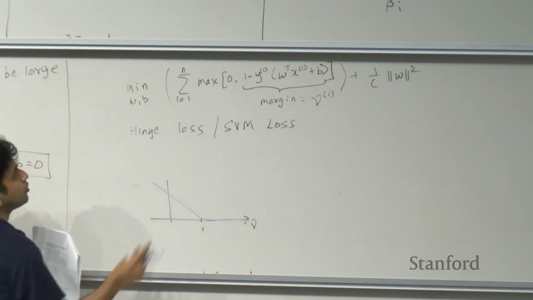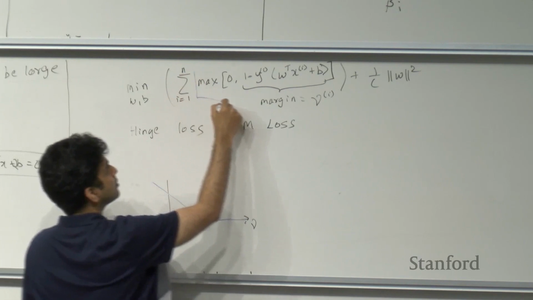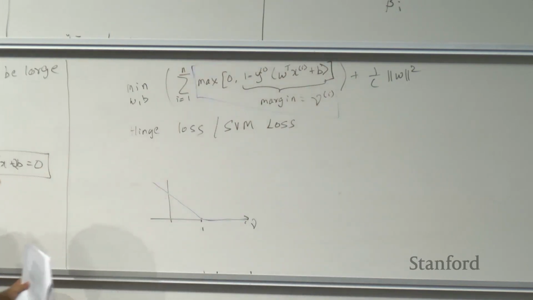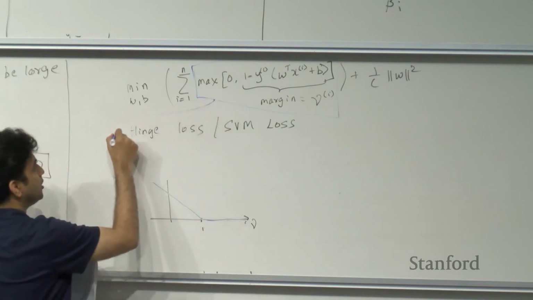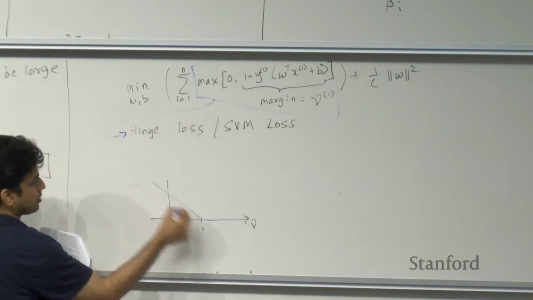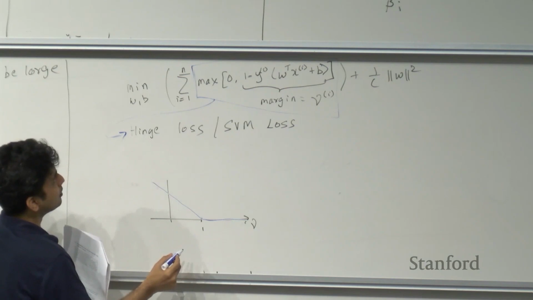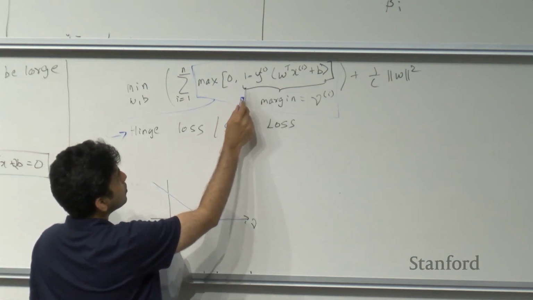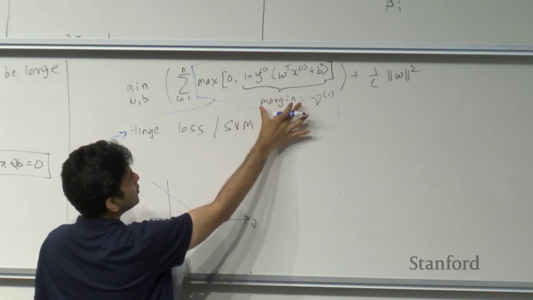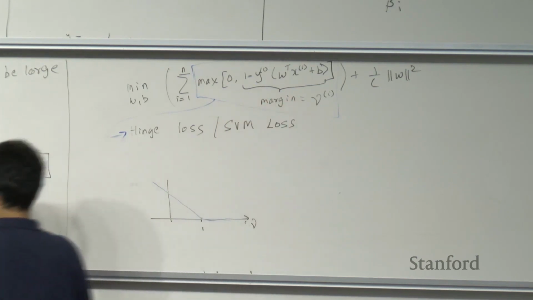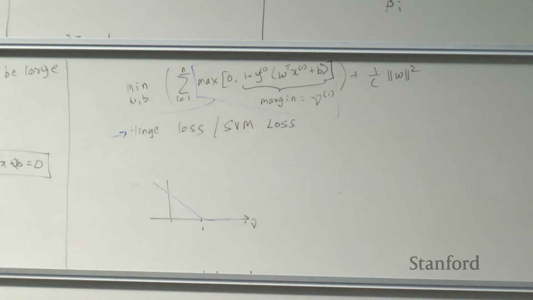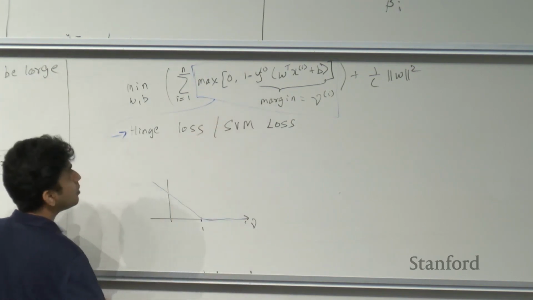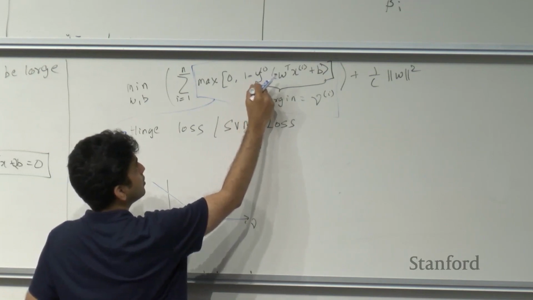So this whole term is called the hinge loss, and it looks like this. Why does it look like this? So this is the margin, not including the 1 minus.